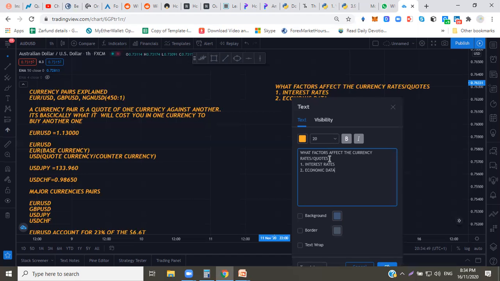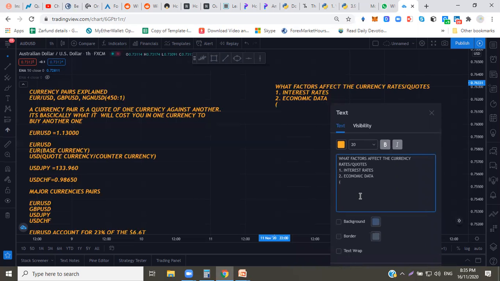If the numbers for the current month are lesser than the numbers for the last month, it means that some people have lost their jobs. And if people lose their jobs, it means that the economy is not doing well. All of these things will affect the currency of that economy. Now, there are two websites you need to go to, which will tell you where these economic news and interest rates are released and where you can find them every month.